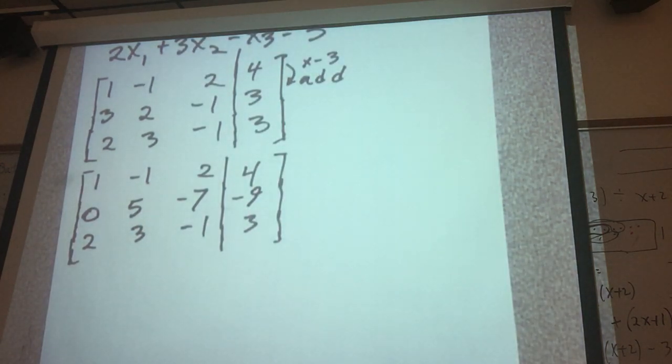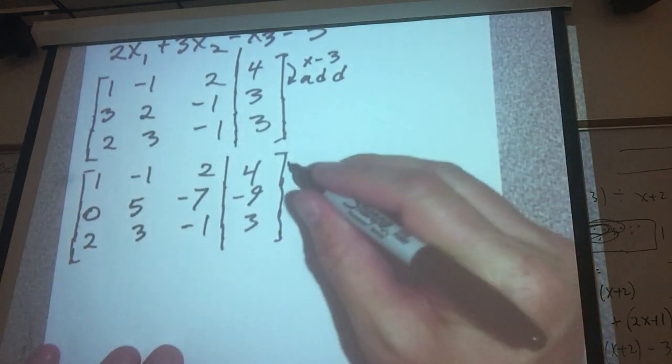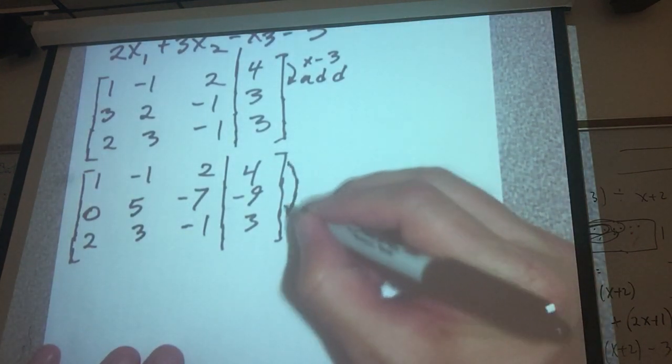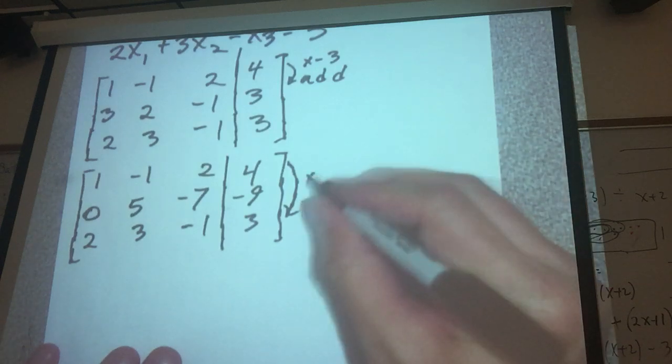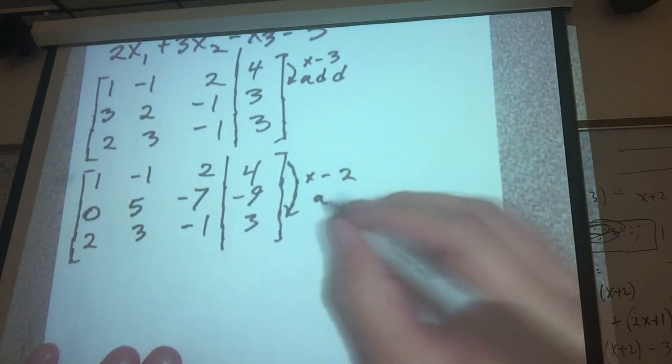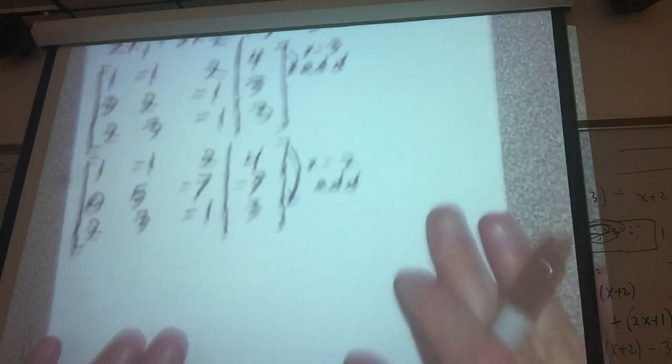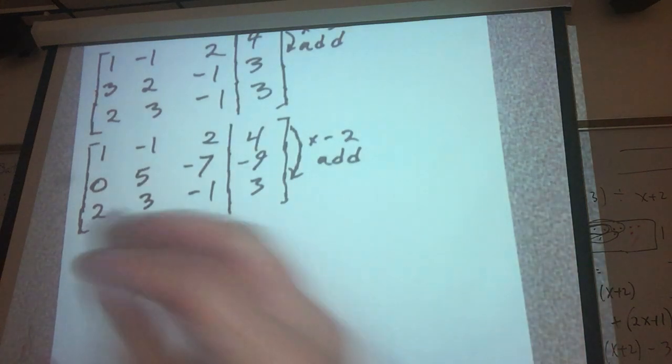All right, now we're gonna take the top row and we're gonna use the top row to go down and eliminate this component right here. So to eliminate that 2, what we're gonna do is we're gonna take the top row, we're gonna multiply by -2 and add downwards. Take the top row and multiply by -2 and add downwards, okay?